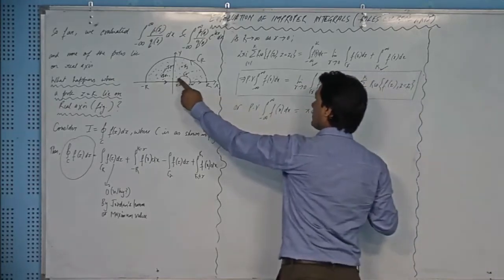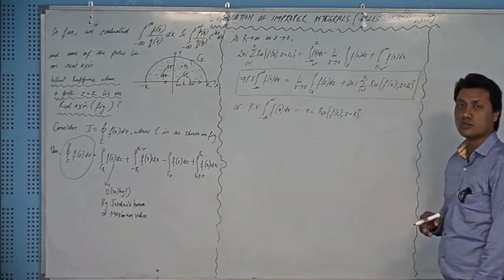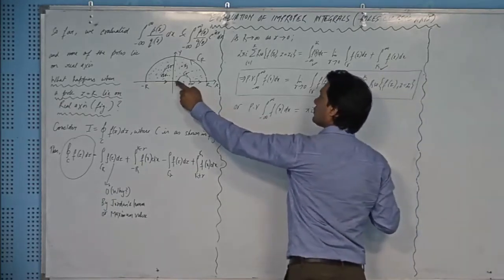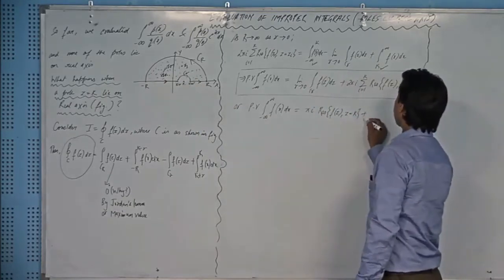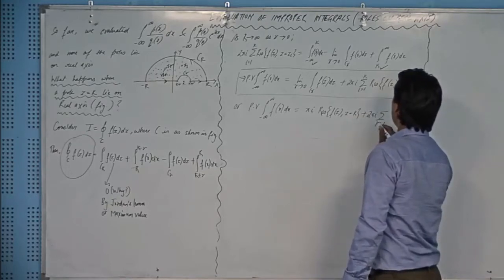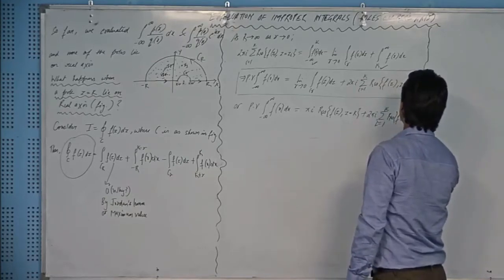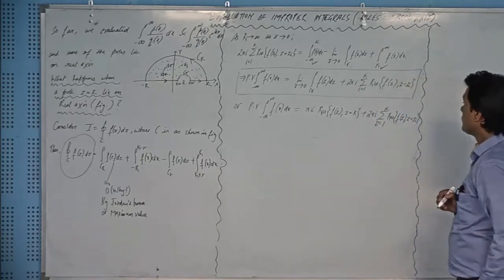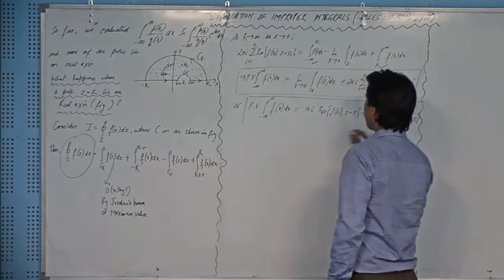Because it's a semicircle, you multiply by pi i; had it been a full circle, then 2 pi i. So pi i multiplied by the residue at the only pole enclosed by this semicircle, which is k, plus 2 pi i times the summation i equal to 1 to k of the residue of f(z) at z equal to z_i. Ultimately you will be using this formula.